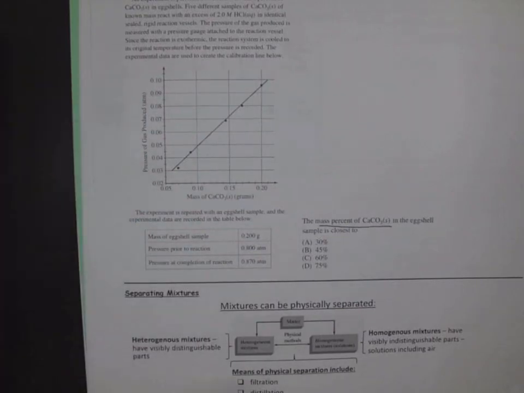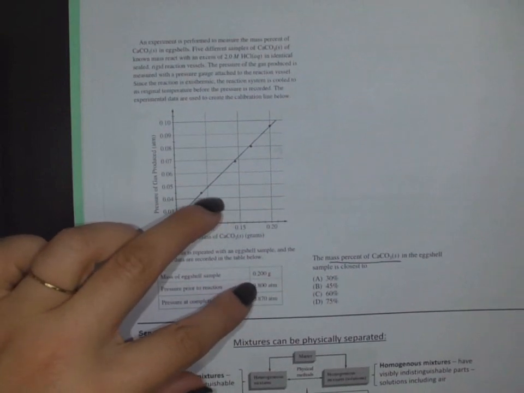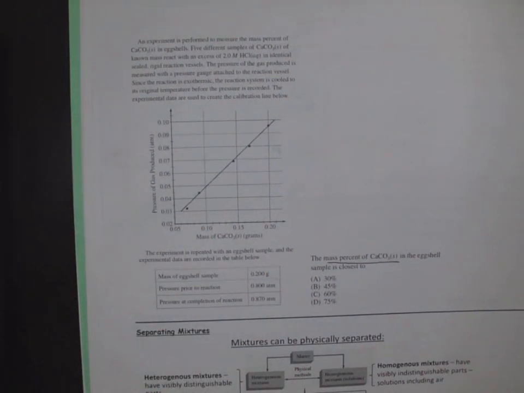Look, I didn't read any of this. I'm noticing that there's a graph and a data table, but I am always jumping right to the end, and I want to see what it's asking me. And what it's asking is, what is the mass percent of CaCO3?